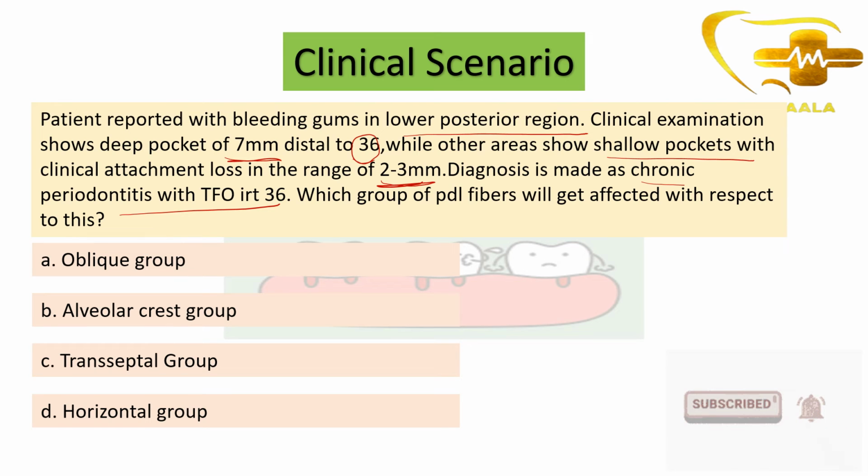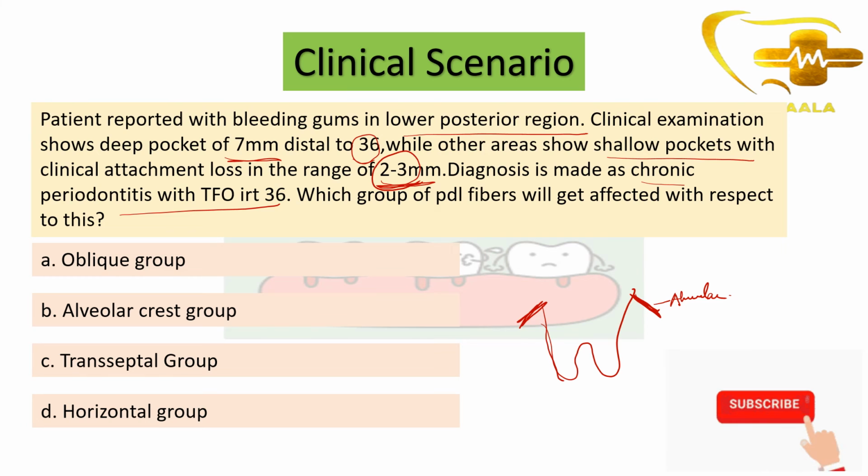With respect to this, first of all, it is a deep pocket, while other areas are showing shallow pockets with clinical attachment loss of 2 to 3 mm. As we have seen in the multi-rooted teeth, the first fibers that are present are the alveolar crest fibers, right? The most commonly affected group of fibers on all the sides of this tooth will be this.